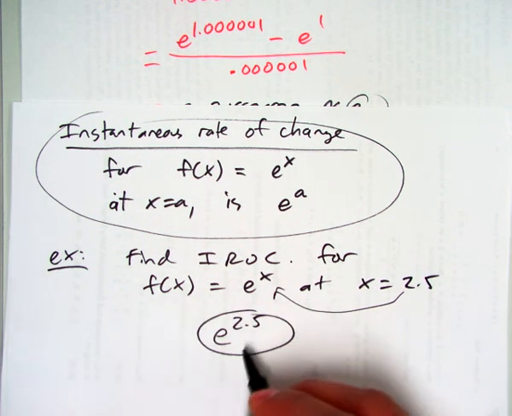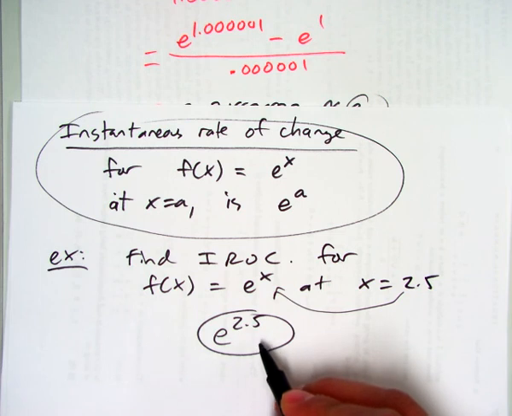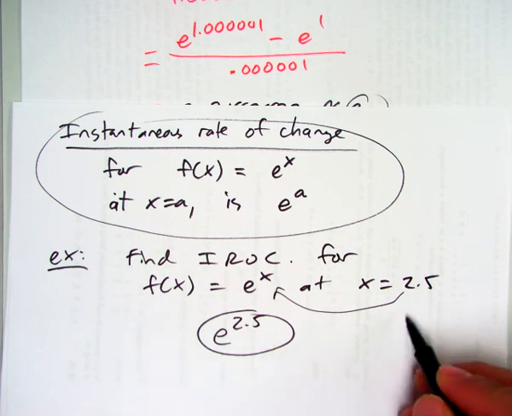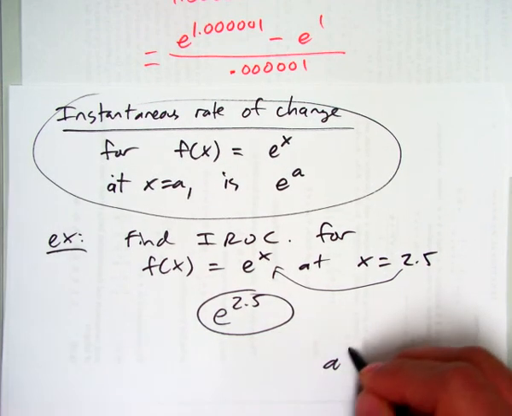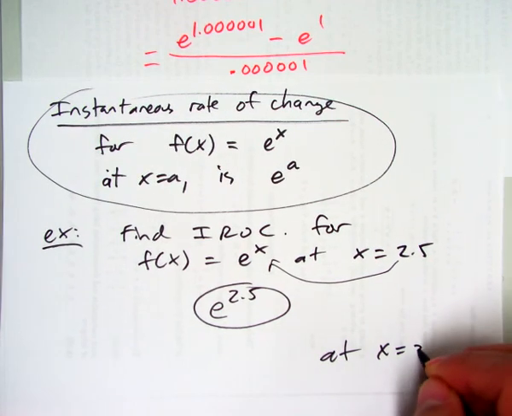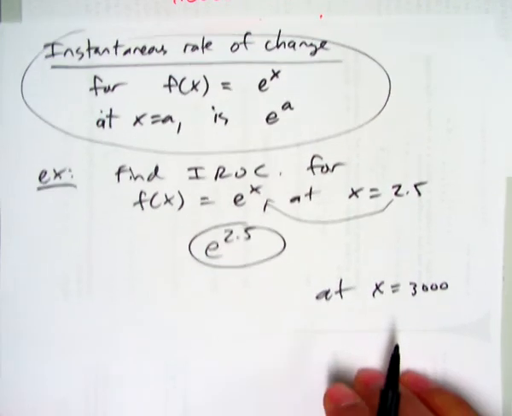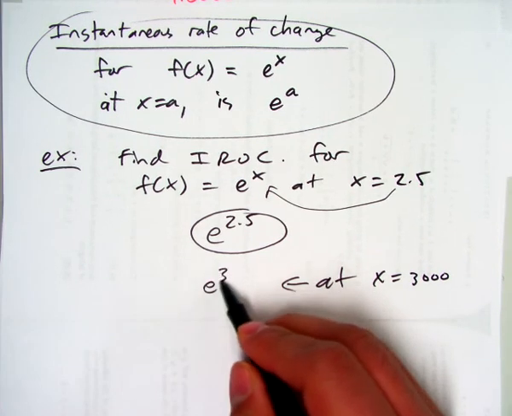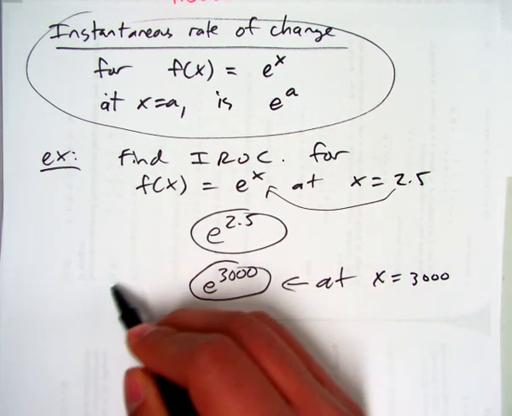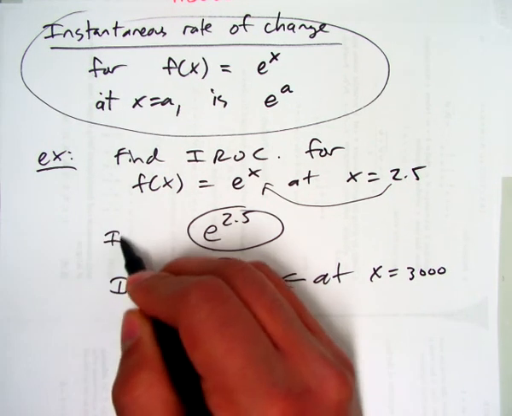This is your instantaneous rate of change, your slope at the point x equals 2.5. It works for any point. If I did it one more time, let's say at x equals 3,000, that'd be a really, really large slope, but it works the same. At 3,000, the instantaneous rate of change is going to be e to the 3,000.